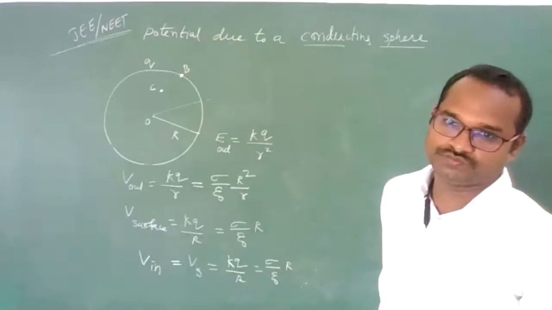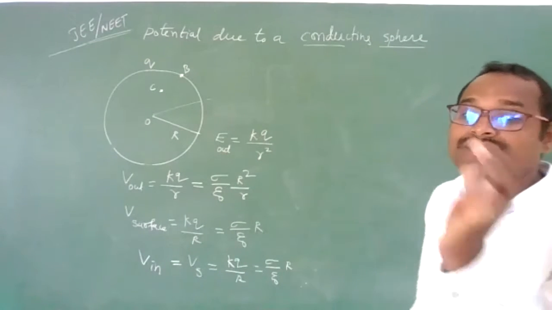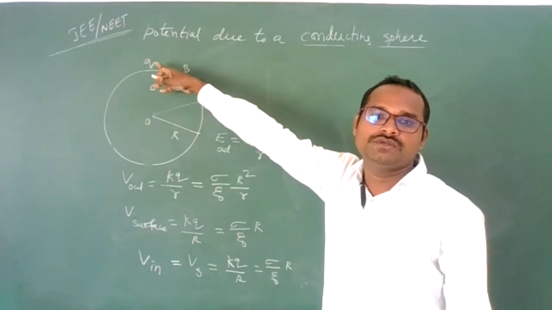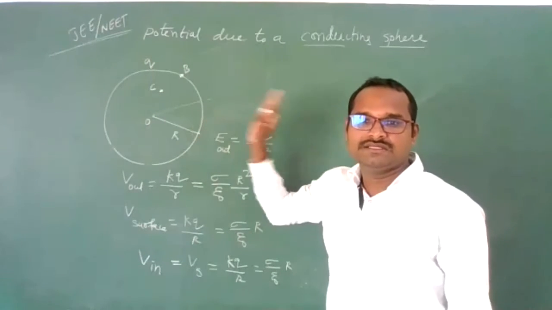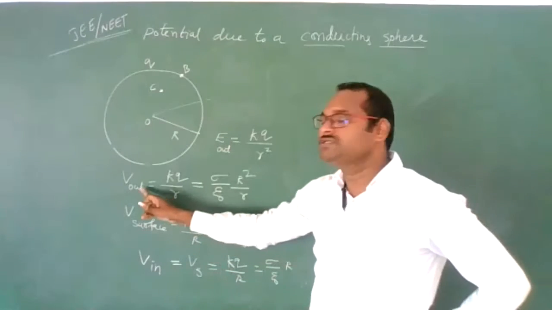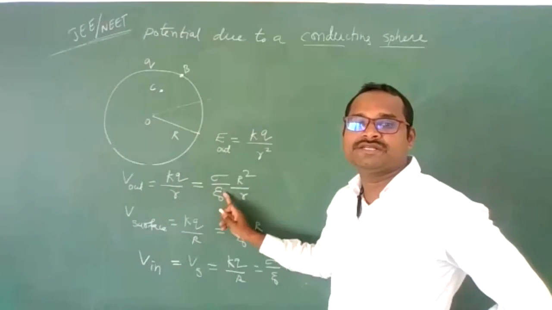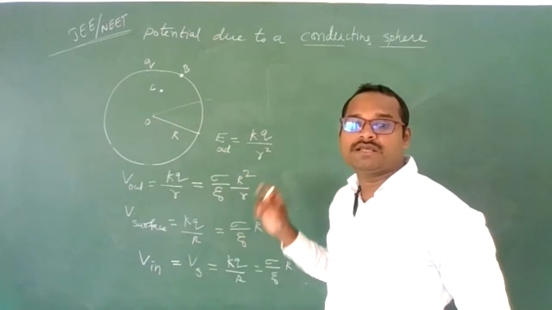Whatever values we have for potential at different points, the same values we will have for a conducting sphere also. Due to a conducting sphere having charge q and radius r, what will be the potential at an outside point? Kq by small r, or sigma by epsilon into capital R square by small r.